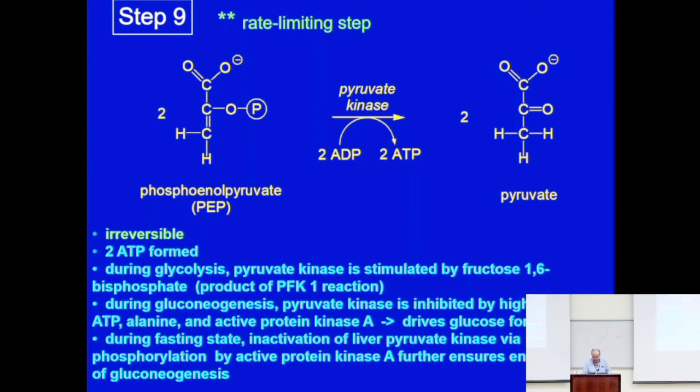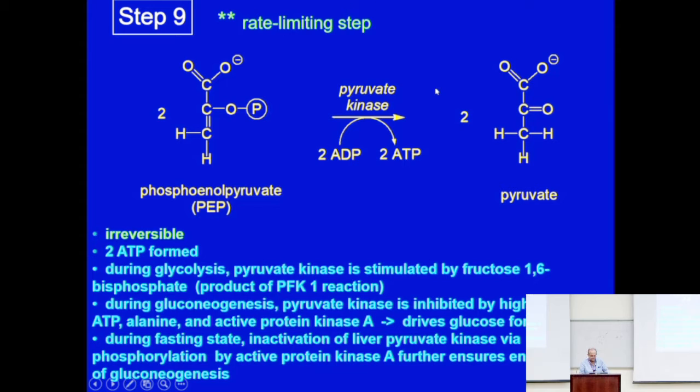And this is, again, a very important step because it's a rate-limiting step, meaning that how fast this step goes, how fast PFK1 goes, and how fast glucokinase goes determine the entire rate of glycolysis, those 3 enzymes. That's what rate-limiting means.